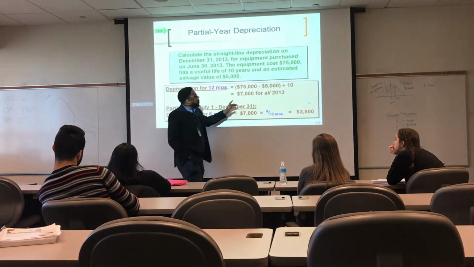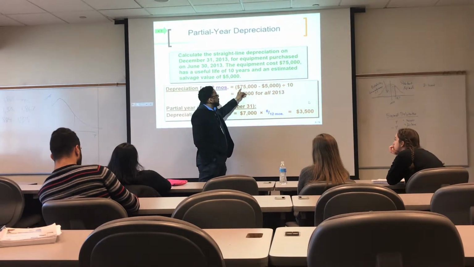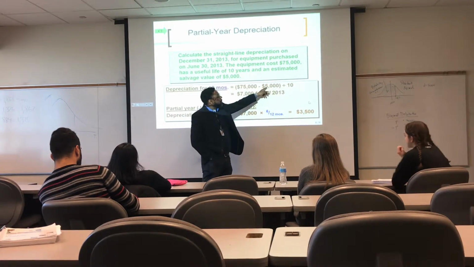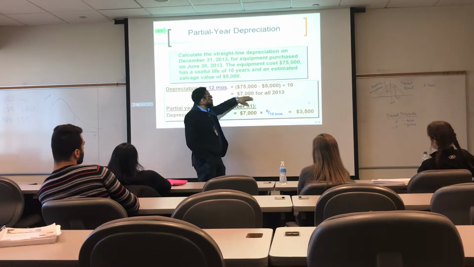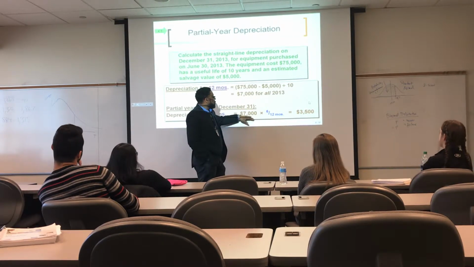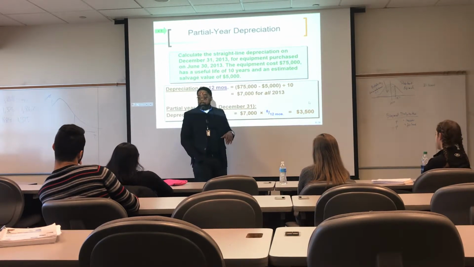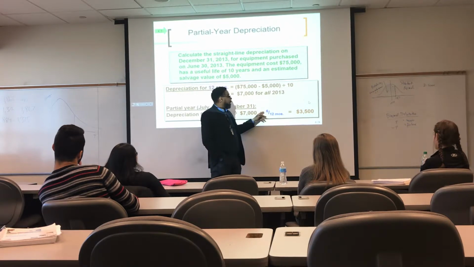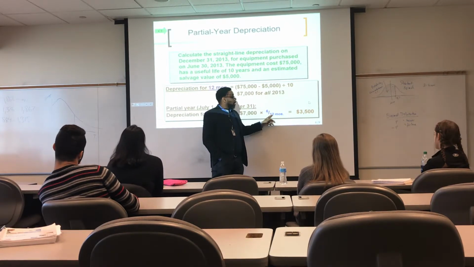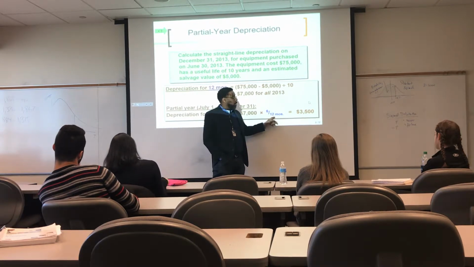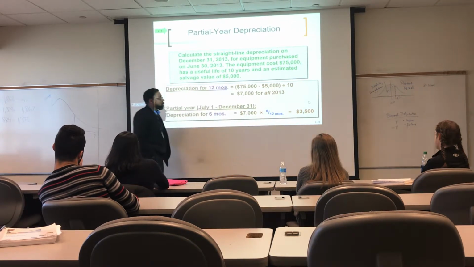The cost minus the salvage value, divided by the useful life, gives you $7,000 a year. Take the $7,000, multiply it by how many months you have it in that year, divided by 12 months in a year, and that will give you $3,500.